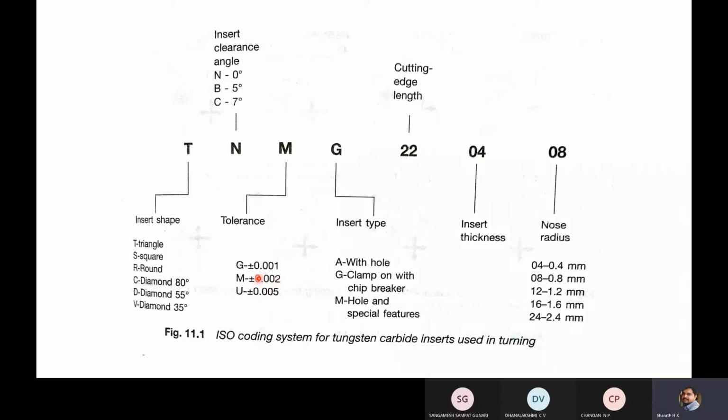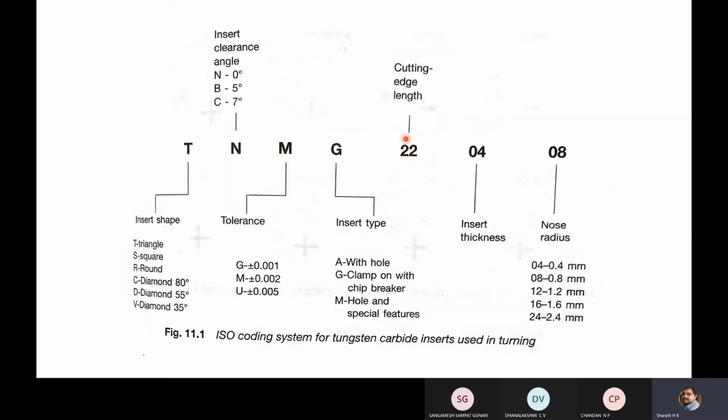If it is G, plus or minus 0.001 mm. Next, G is the insert type. That means with hole, clamp, with chip breaker, hole and special features. So G means this particular insert type is clamp on with chip breaker.